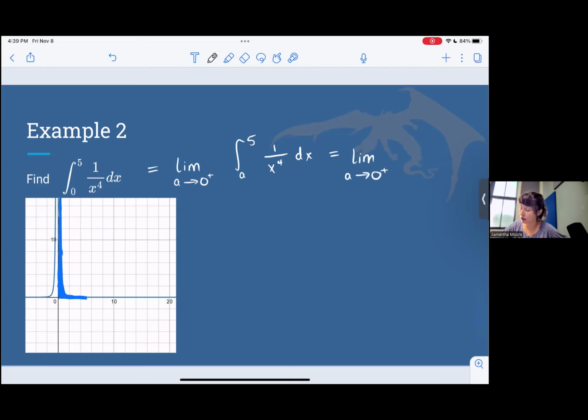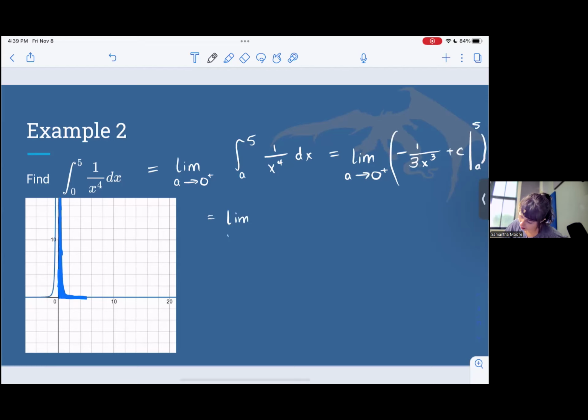So as we said in the last problem, the antiderivative of that function is negative 1 over 3 x cubed plus c. And again, I'm evaluating it at 5 and a this time.